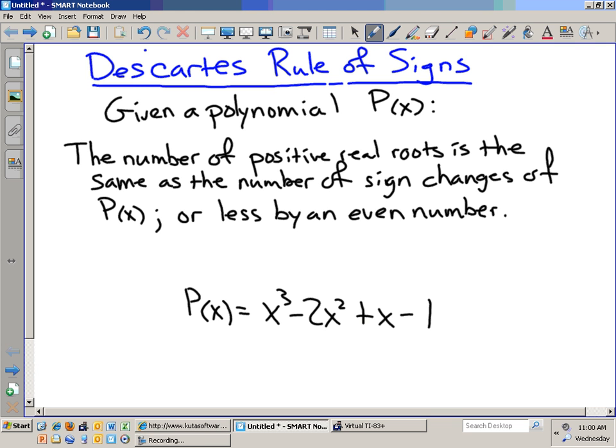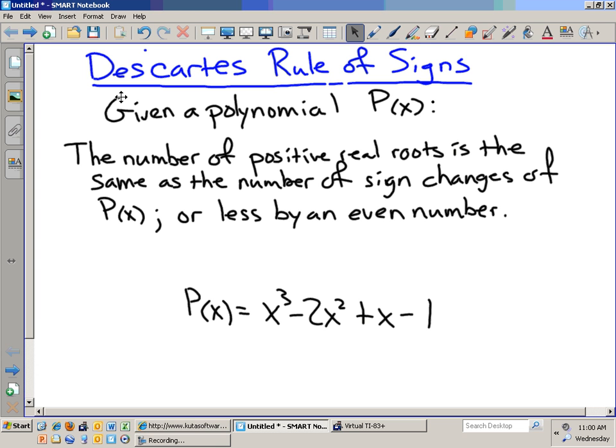So how many sign changes are there? 1, 2, 3. There's 3 times that the sign changes. Therefore, the number of positive real roots is either 3 or you reduce it by an even number. So 3 or 1. So that's what we have.